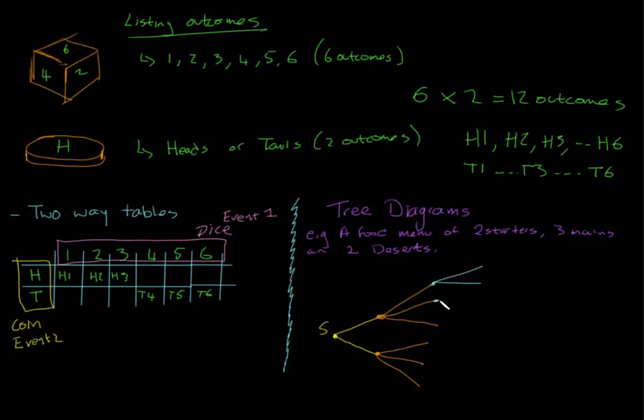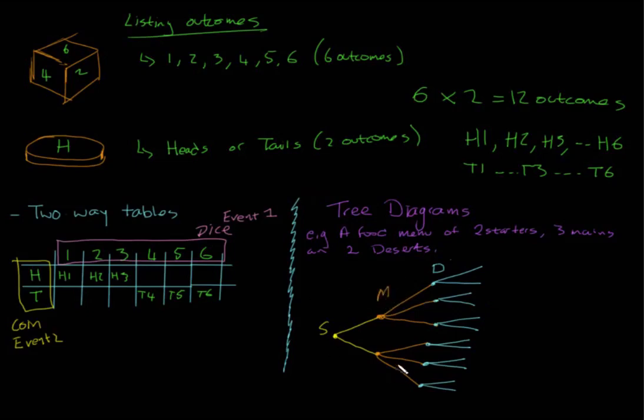No matter what main course, you still have 2 options coming out for your dessert, regardless of which of your main courses you selected. Okay, I've actually forgot, I'll go back in there, but this is your dessert here, coming down in blue. I have the starters there. Go back to orange here for your mains. So these are your mains.